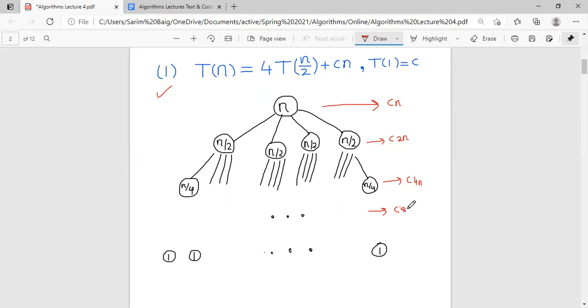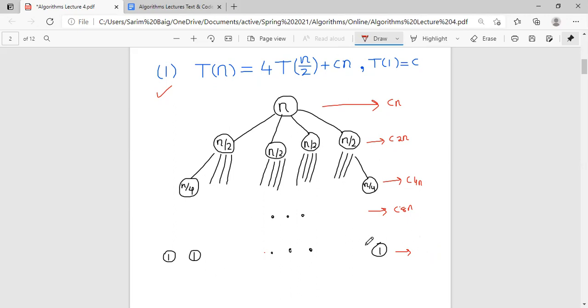And this continues, and you can now see the pattern. The terms c and n are the common terms, and the factor that's increasing is this factor of 2. And in the last level, what's going to be the factor of 2 here?